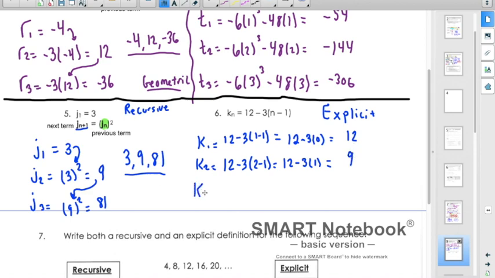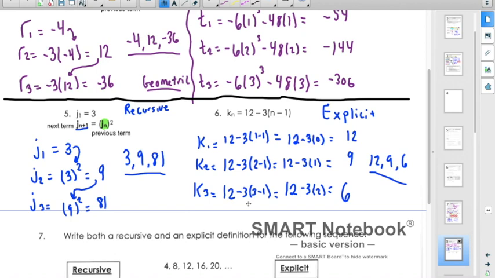And k sub 3, that's going to be 12 minus 3 parentheses 3 minus 1. That's going to be 12 minus 3 times 2. And that's going to be 12 minus 6, which would be just 6. So the first three terms of this sequence are 12, 9, 6.